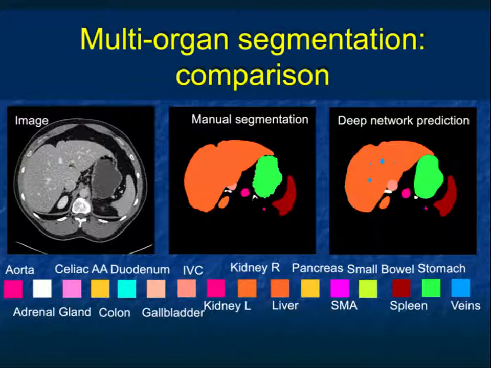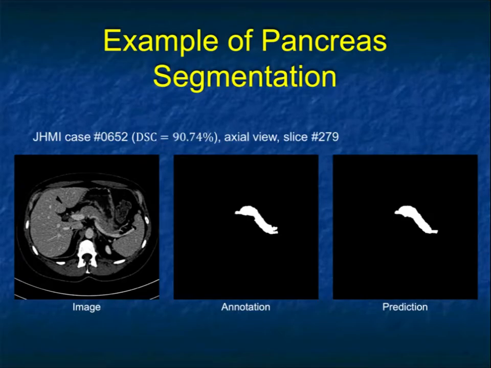And it was a 3D model in a sense. After about a year, it got to the point where here's the image, here's the manual segmentation, that means it's one of us, and there was the computer prediction. The computer prediction was literally one-to-one with us in predicting and recognizing individual organs. An example here is the pancreas: the image, the annotation is us, and the prediction is the computer model.